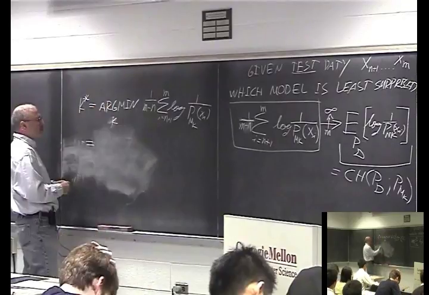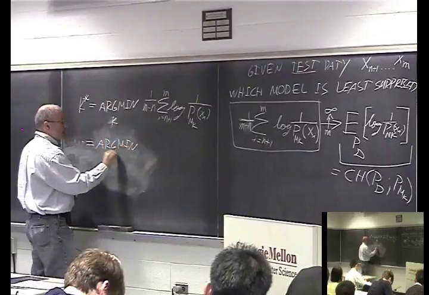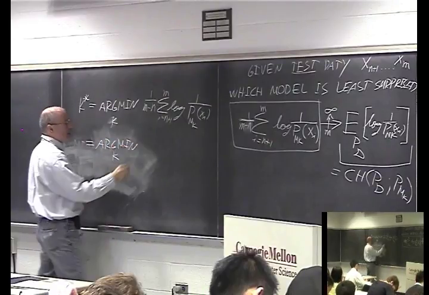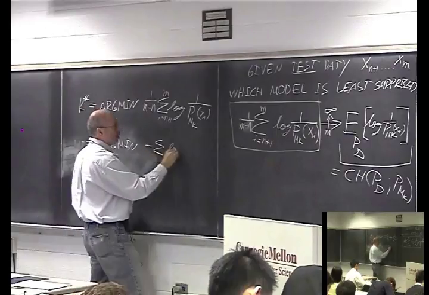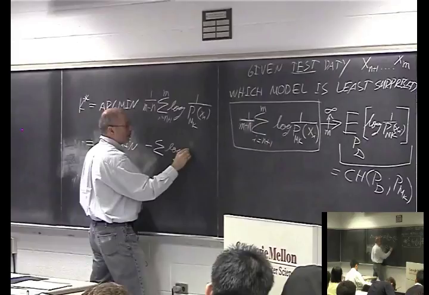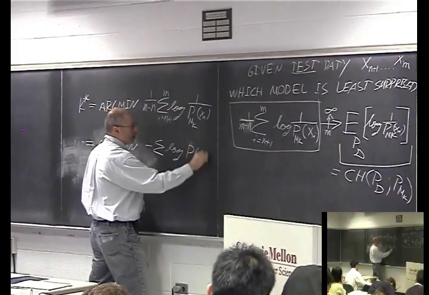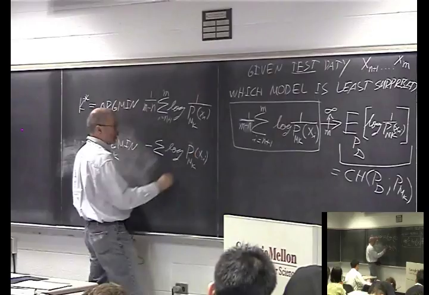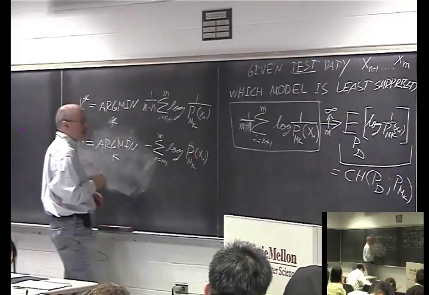So this is argmin over k of minus the sum of log of p of xi according to model m sub k, where i goes from n plus 1 to m.